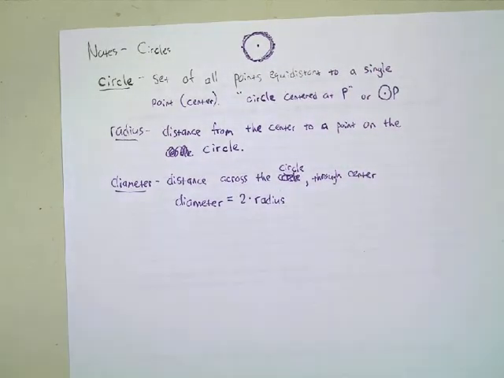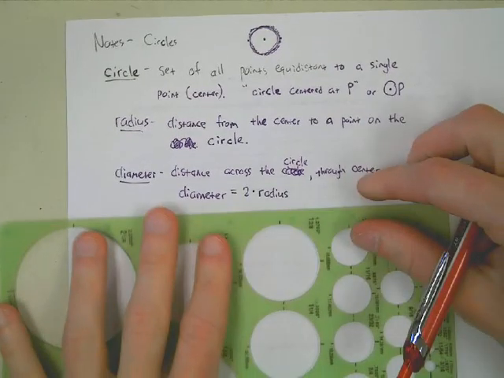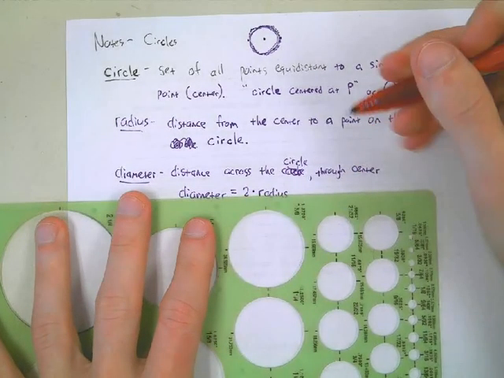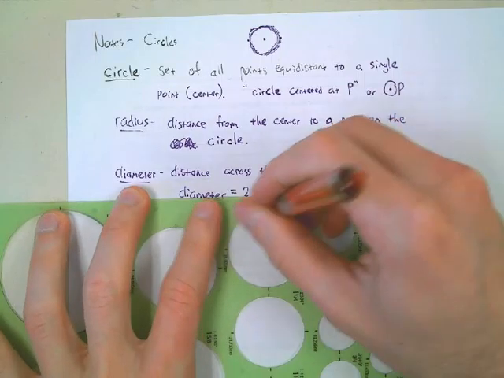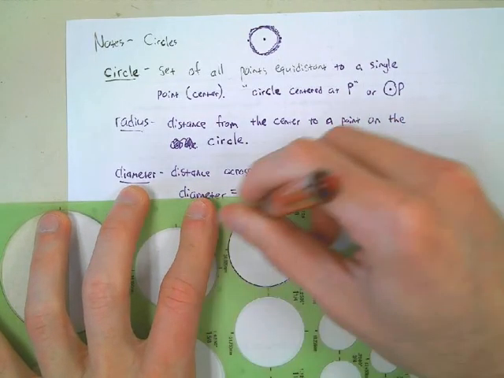So we'll look at a picture here that I'm going to draw. Now I've got a nice stencil that I got at an art supply store, and I'm going to use it to help me draw some pretty circles. There's my beautiful circle.